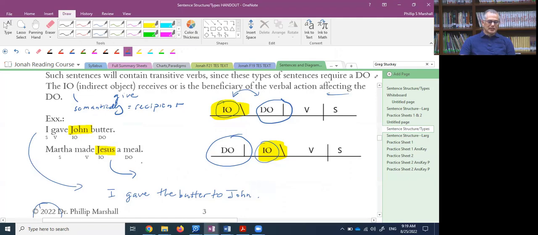Recipient usually involves some sort of idea of movement, either literally or metaphorically, movement from one to another. I would suggest that in this sentence, Jesus is semantically a beneficiary, right? That is, Martha made a meal, and Martha made a meal for the benefit of Jesus.